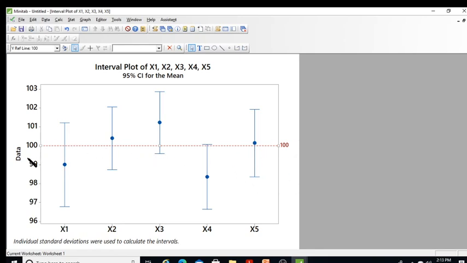And you see in these 5 samples, all of them are lying within this interval, but X4 is just about to leave. So what we can say is, if we have 20 such samples, then 95% of 20, which is 19 samples, would lie within this interval. One is likely to be either above the 100 line or below the 100 line.